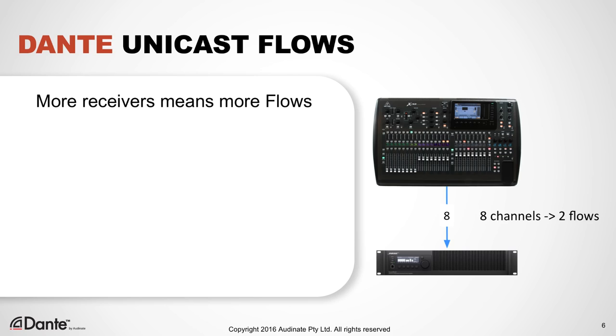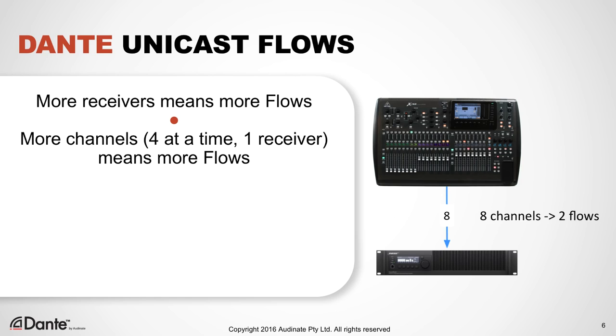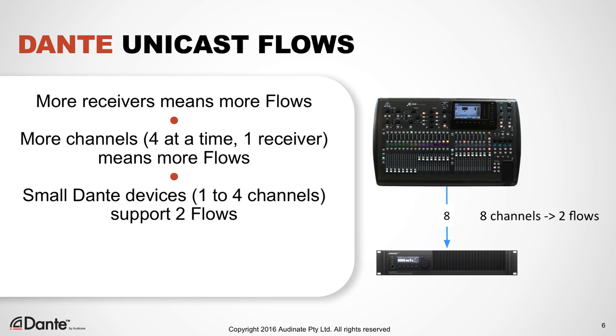Because unicast flows are unique to each receiver, as we subscribe more receiving devices to a transmitter, the number of flows in use increases. Because flows contain 4 channels of audio, subscribing more channels of audio to a single receiver increases the number of flows in use.